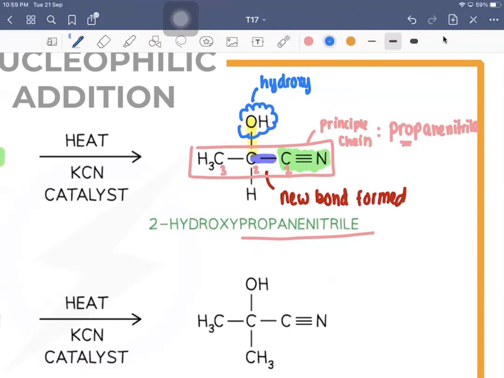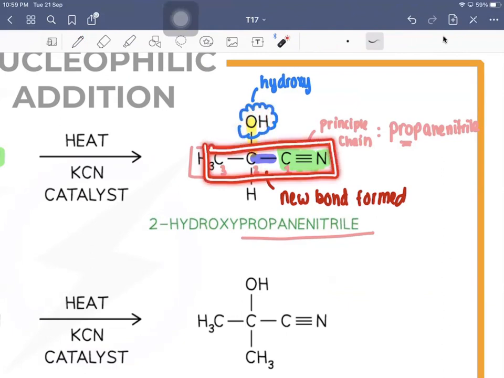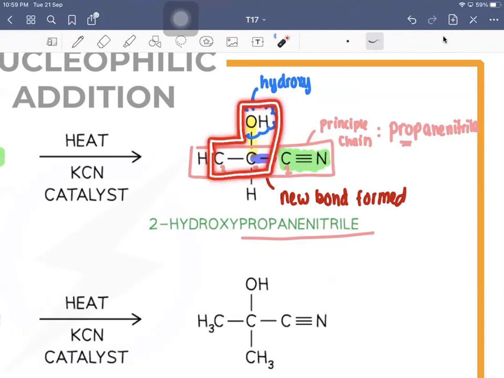If you take the alcohol, for example, then you have 2 carbons and that becomes ethanol. 3 carbons would be prop, and it's called a propane nitrile.